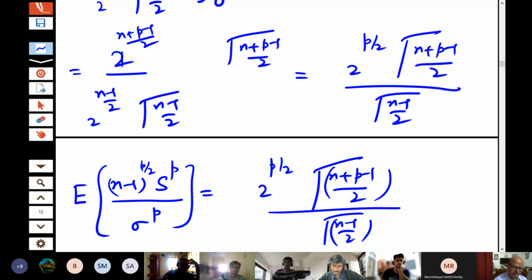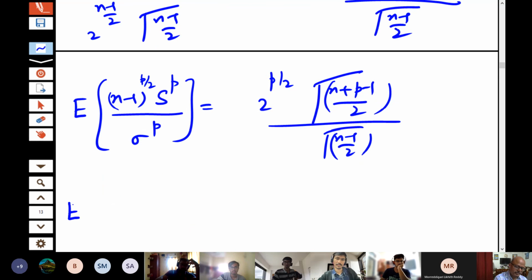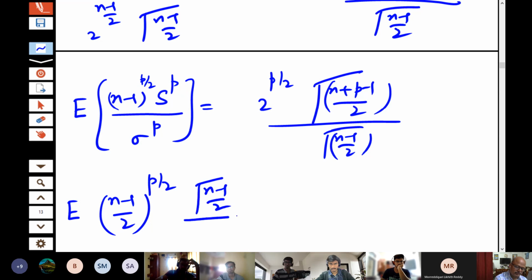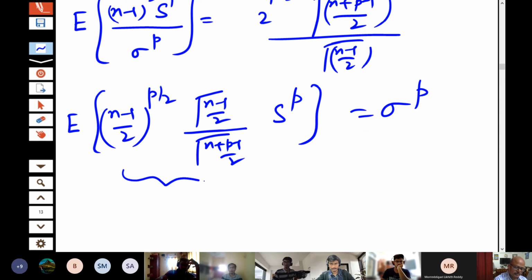So you take these terms to the left hand side and you will get expectation of n minus 1 by 2 to the power p by 2 and this gamma n minus 1 by 2 divided by gamma n plus p minus 1 by 2 s to the power p, that is equal to sigma to the power p. So this is your UMVUE for sigma to the power p.